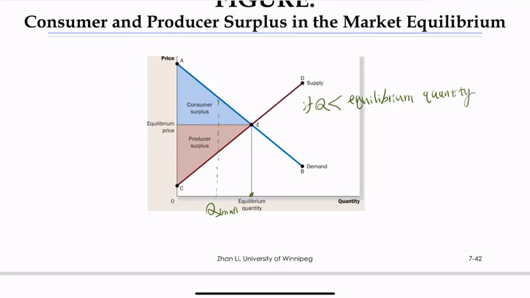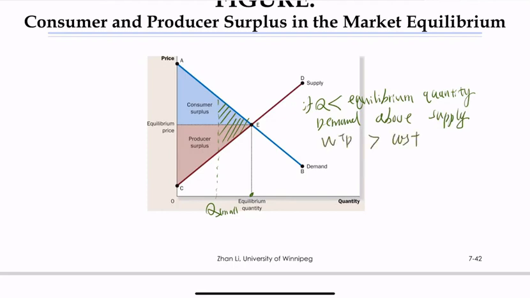In this case, let's focus on this little triangle, right? As you can see, if you move from equilibrium quantity to this smaller quantity, then this little triangle will be missing from the calculation of total surplus. But for this little triangle, we have demand curve above supply curve, which implies willingness to pay is larger than cost.